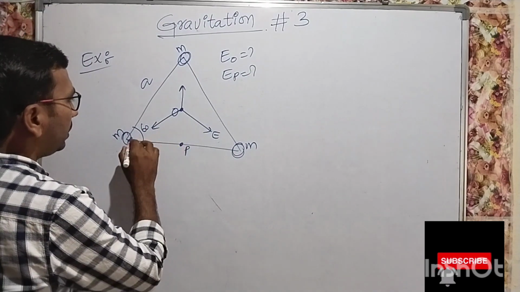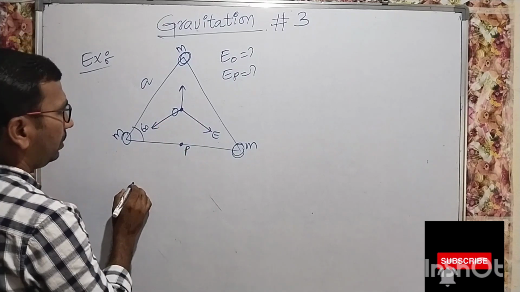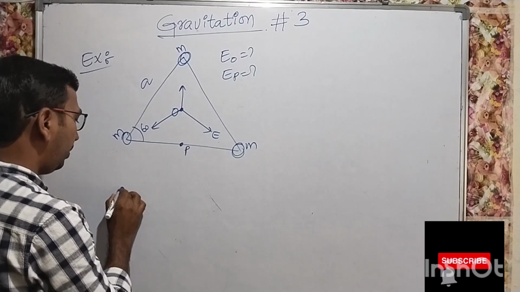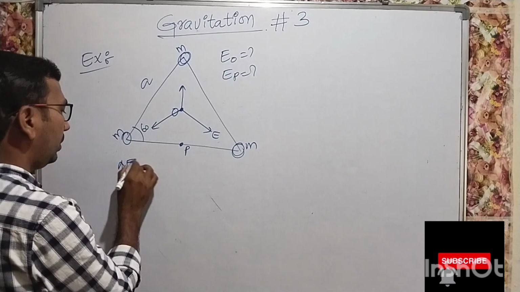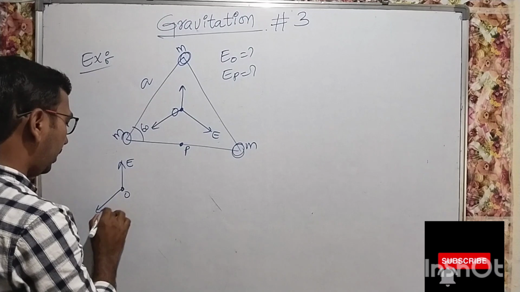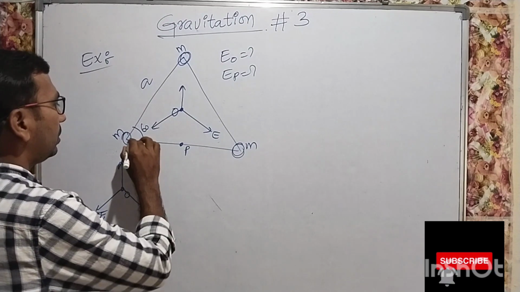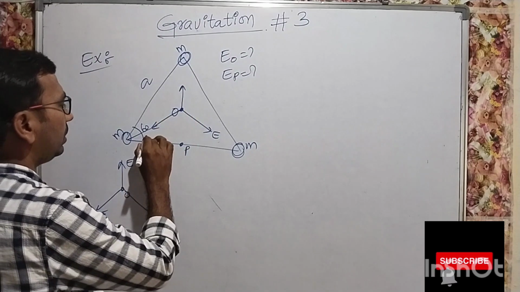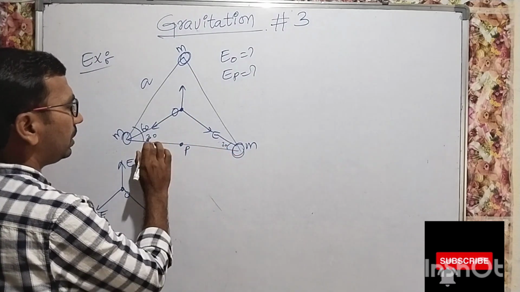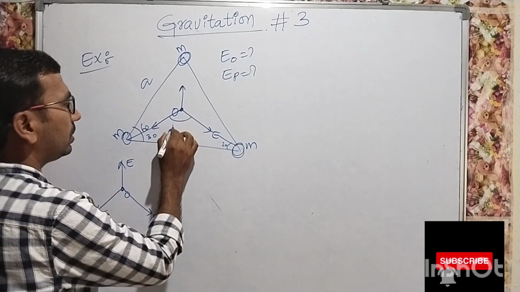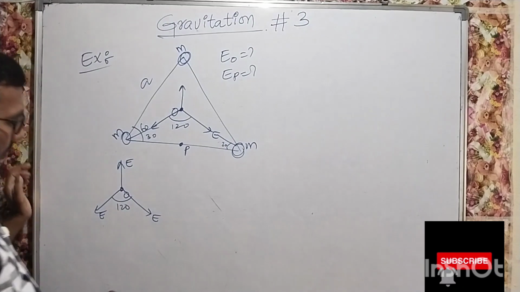Drawing this point O, one field is acting upward and the other two in these directions. This is exactly symmetric. This is 30 degrees, and this is also 30 degrees, means this is 120 degrees.